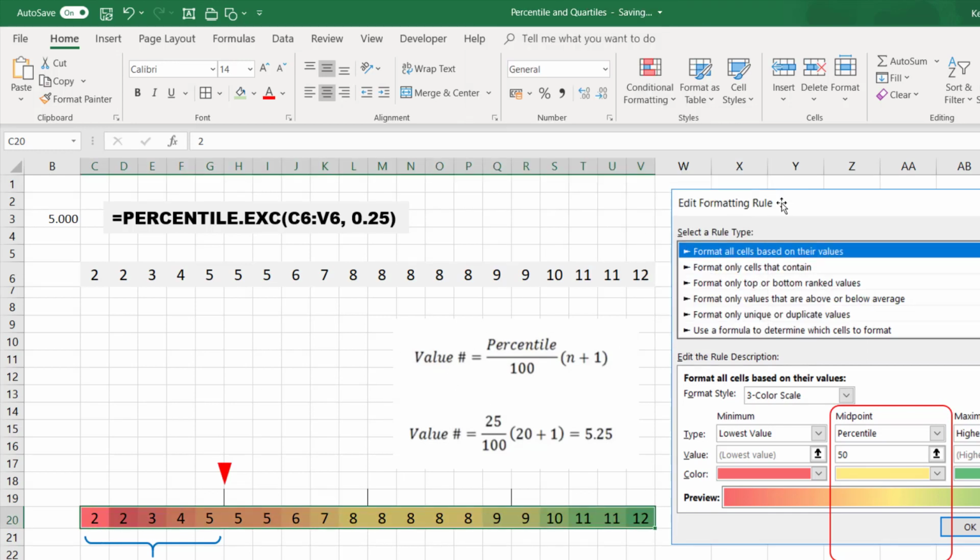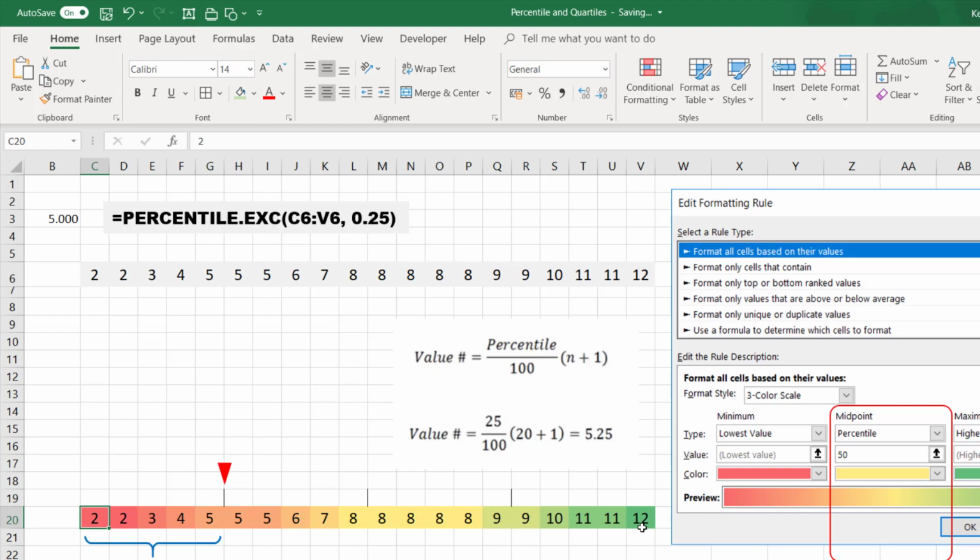If we look at the edit formula, it says the midpoint is the 50th percentile. That is why these numbers are all colored yellow, and those lower than that go towards red.